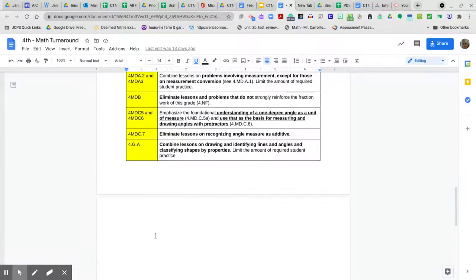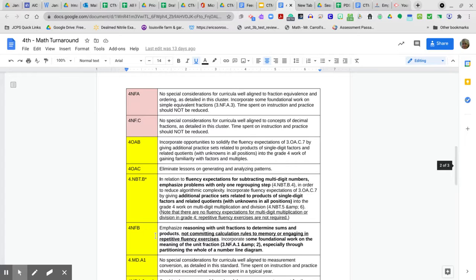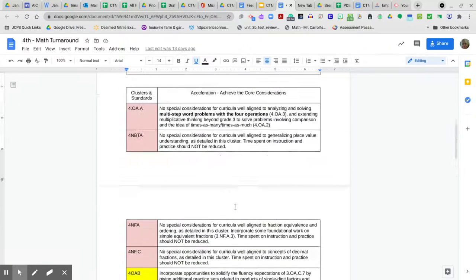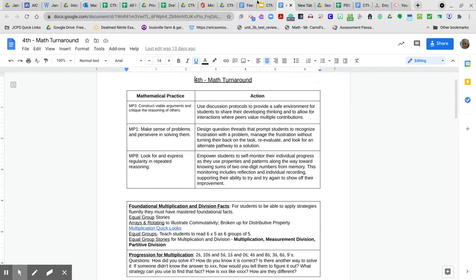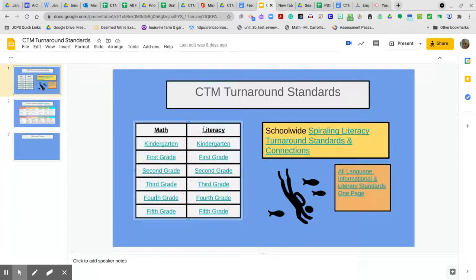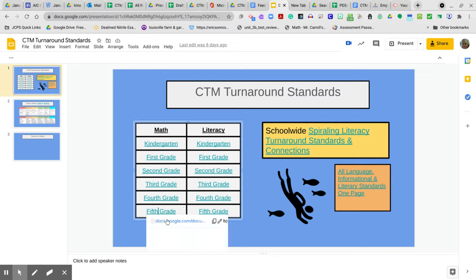Because if you open up a standard on KDE or even with our district, they can be pretty bulky. So again, knowing what's important and what's not. And again, these are our turnarounds. And we roll into fifth grade here.